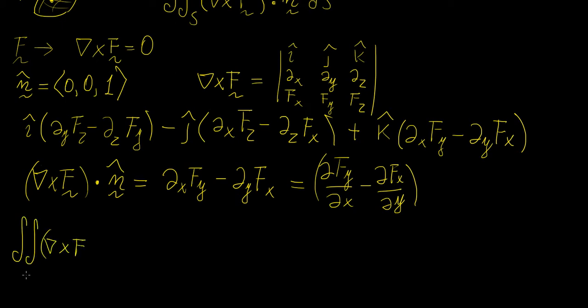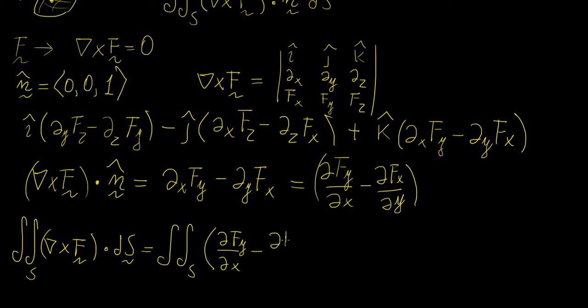So we have a double integral with respect to a surface S, the curl of the vector field dot product with dS, in which dS is oriented along some normal vector. Then this is going to be equal to the same region S, and now we're going to have this here minus f_x over y times the element of area dS.